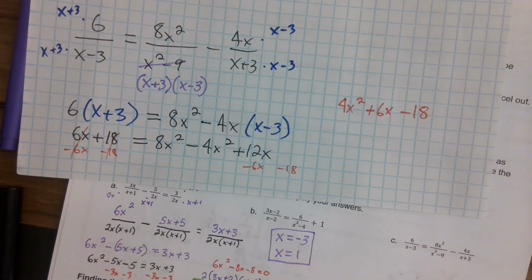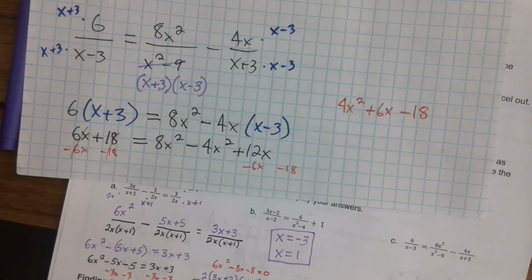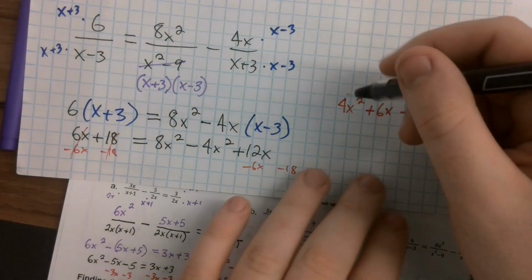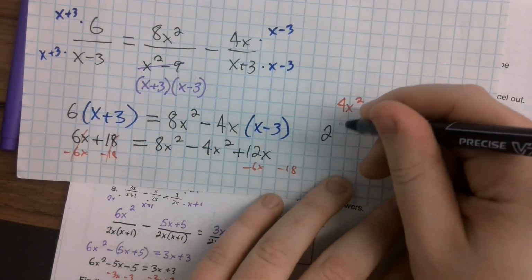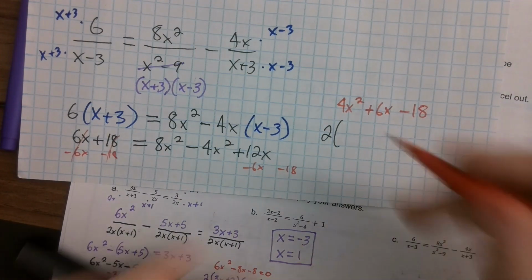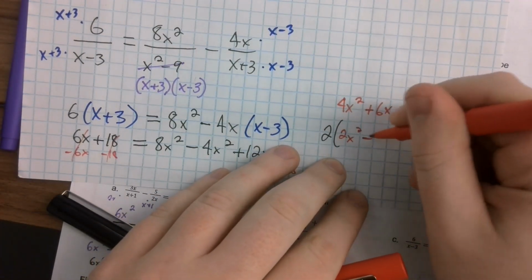This problem, we want to see if we can factor once again. So we take out the 2, since all of these can be divided by 2, giving us 2 times 2x squared plus 3x minus 9.